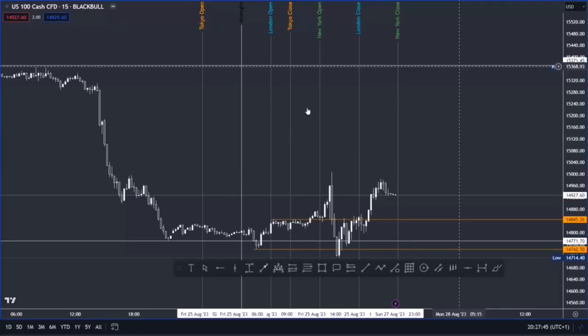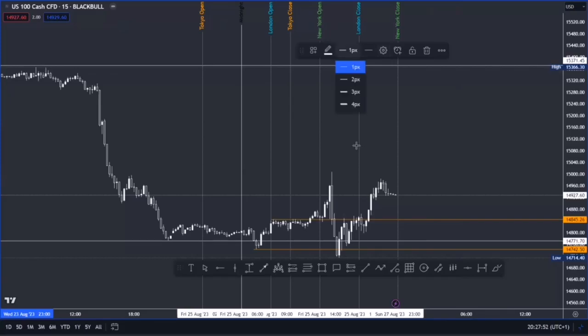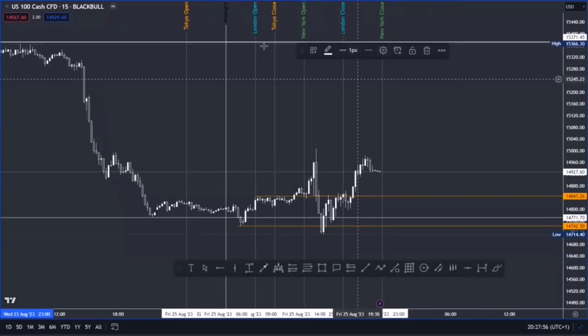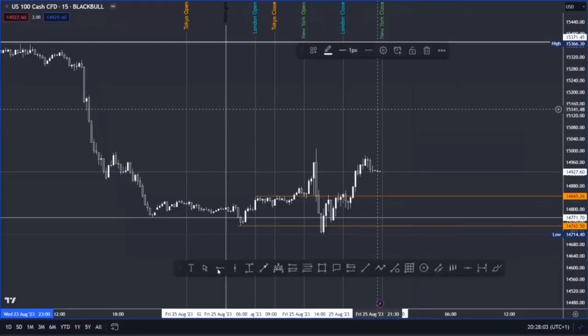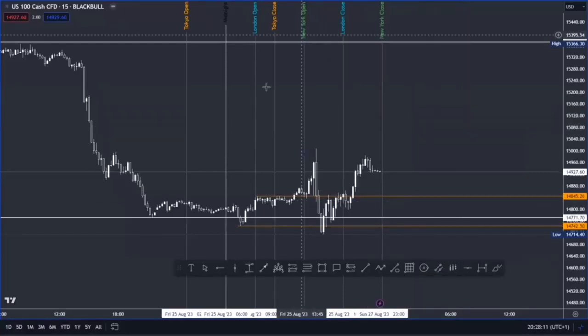Okay, so this was the previous day's highs and lows. And then we do the session highs and lows. So this was the Tokyo, London low and high. So here was the London and New York high, as you guys can basically see.